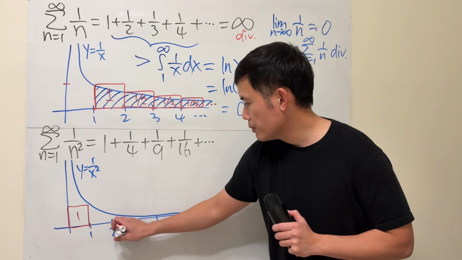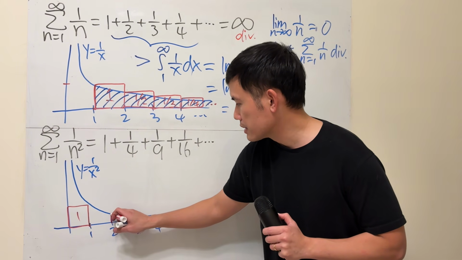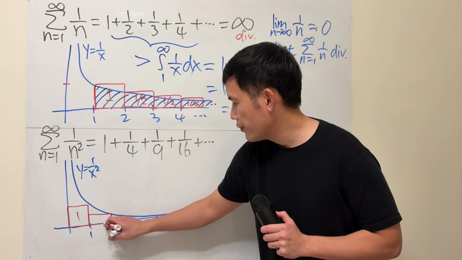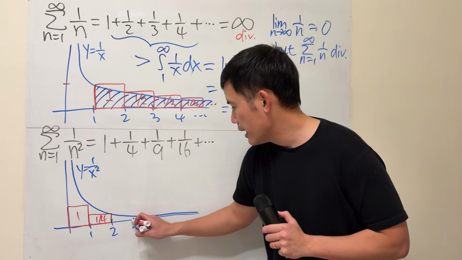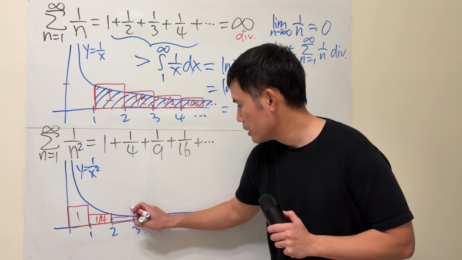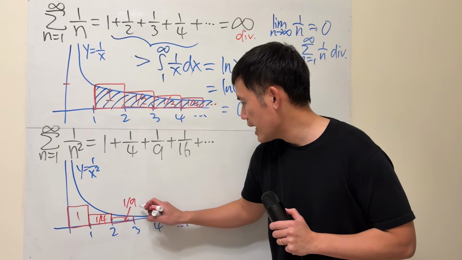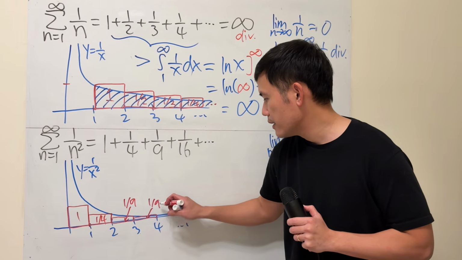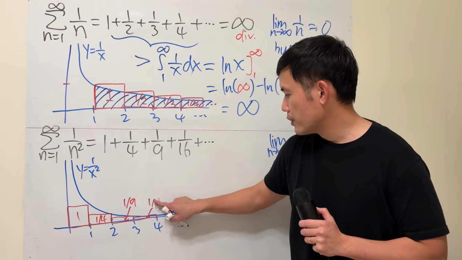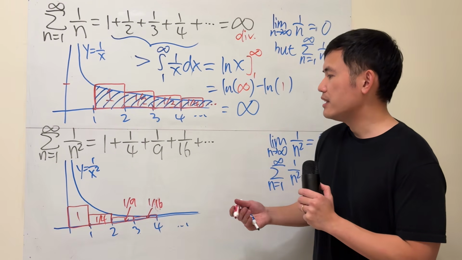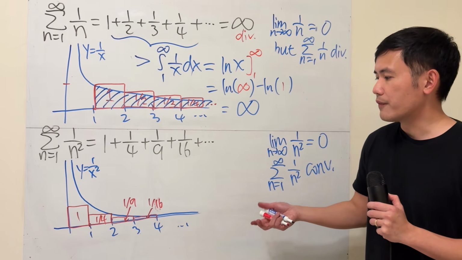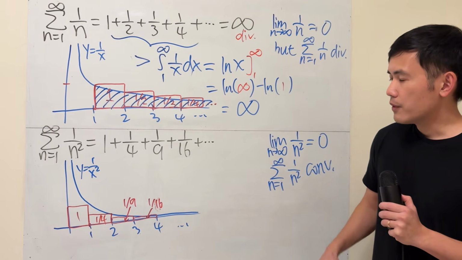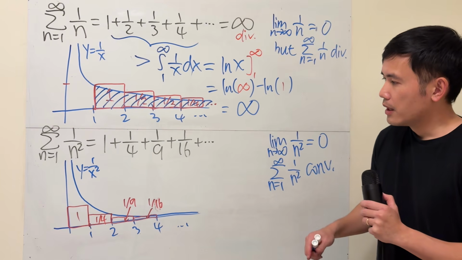If you have 2, plugging in is 1 over 2 squared, which is 1 over 4 right here. And then do the same thing. This is 1 over 9, and then 1 over 16, which is very tiny already. So you can kind of have the idea why this right here will actually give you a convergent value, a finite value, right? It converges.